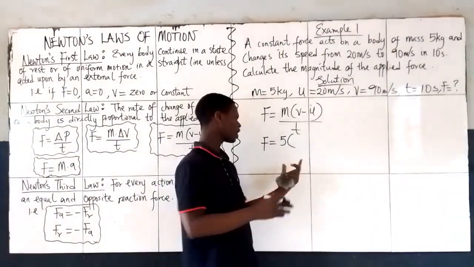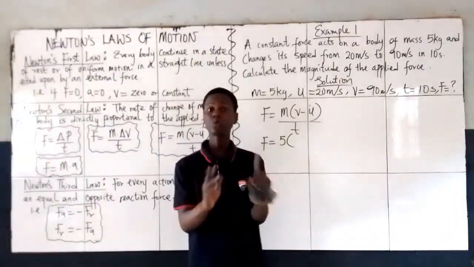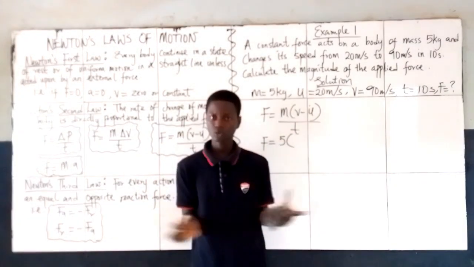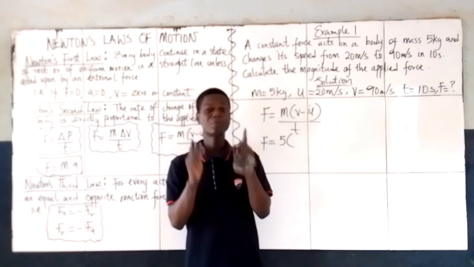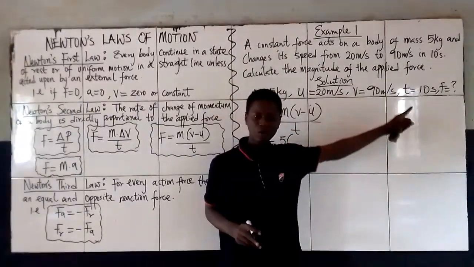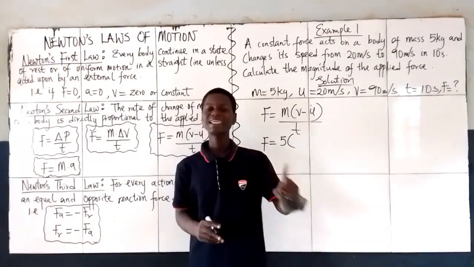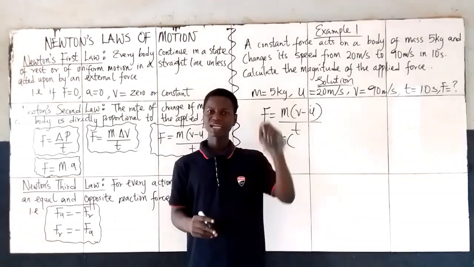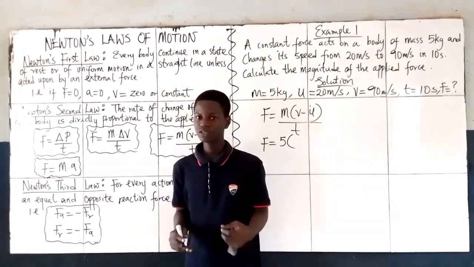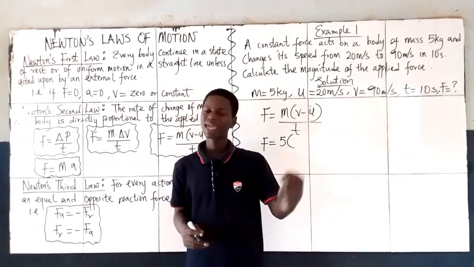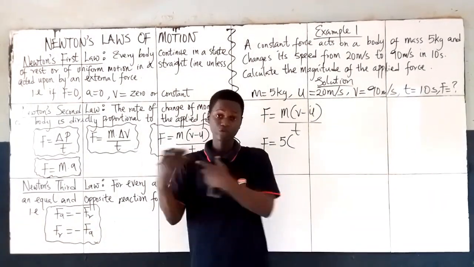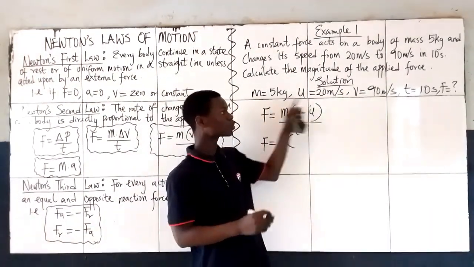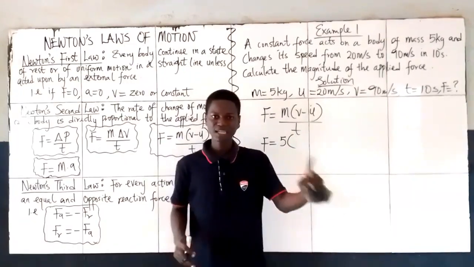90. Now mind you, when you are inputting the values into the formula, you don't put the units, so that you will not cause some complexity, okay? Just put the values only, provided the units of the quantities are in their SI units, that is, they are in their standard unit form, okay? What they call SI units, standard international units. Ensure that each of them is in its international standard unit.